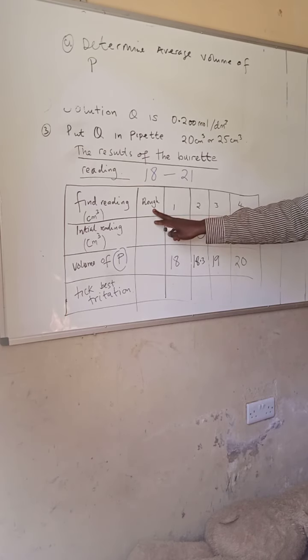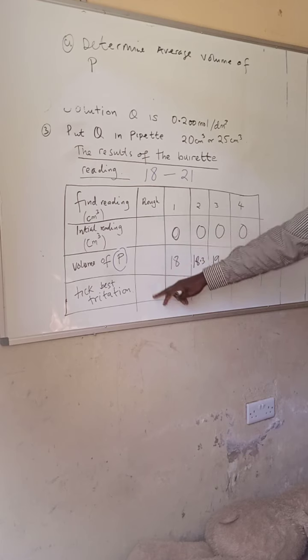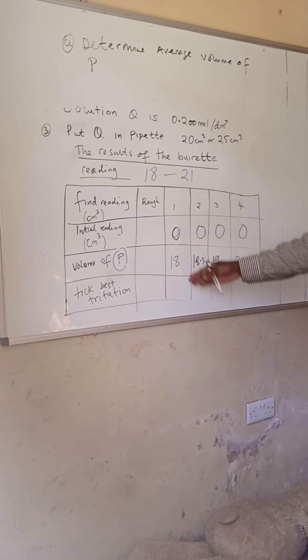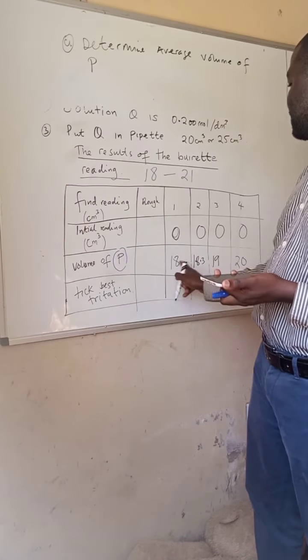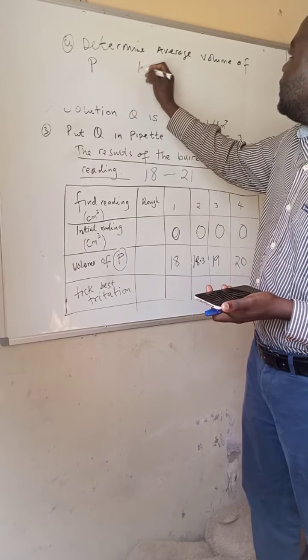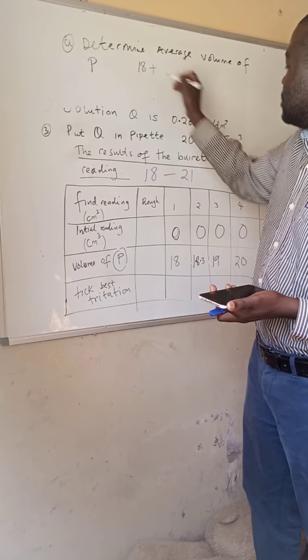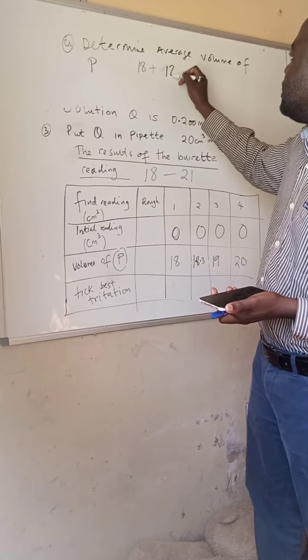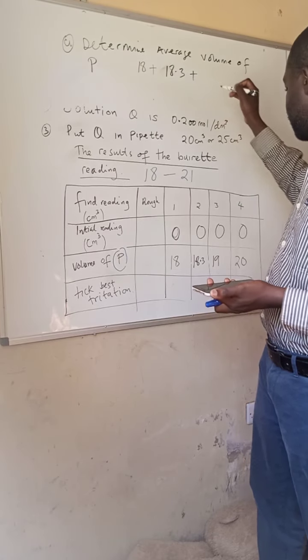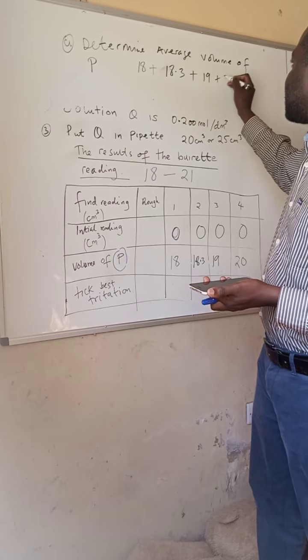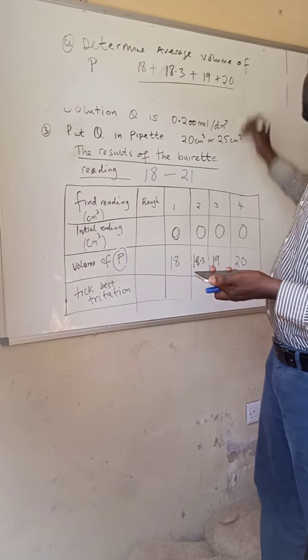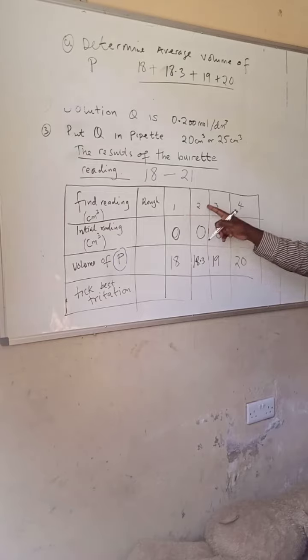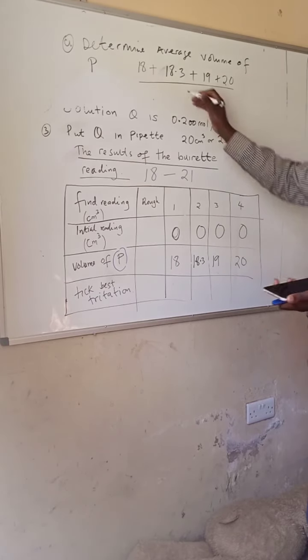Here on the rough, I don't write anything. On the rough here, I've left it blank. But on first titration, second titration, third, fourth, it can be fifth, sixth. It's up to you. So you add these numbers: 18 plus 18.3 plus 19 plus 20, divided by, since you have done 4 titrations, 1, 2, 3, 4, you are going to divide by 4.